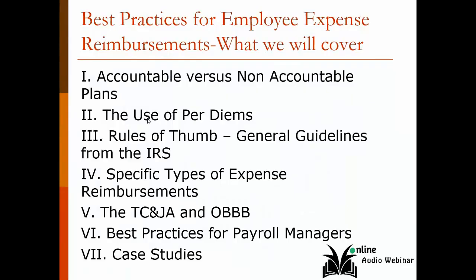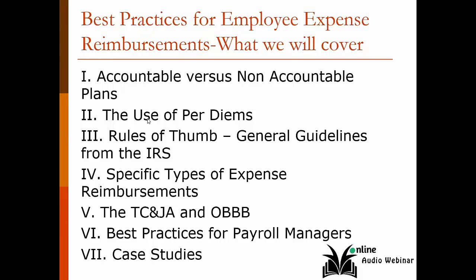We'll talk about the gist of accounting for employee expense reimbursements and what makes an accountable plan. Then we'll go over per diems, which is a simplified method to reimburse employees for certain travel-related expenses. And then we'll have some general guidelines from the IRS about expense reimbursement.